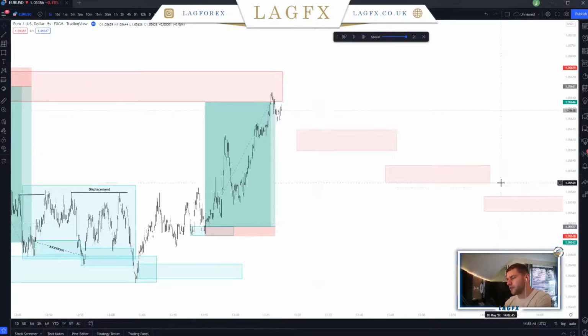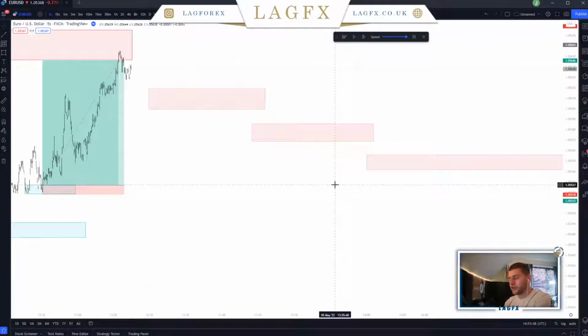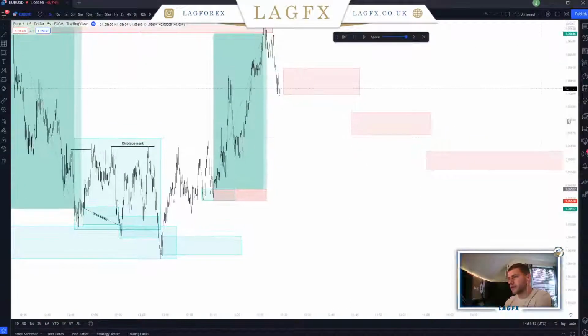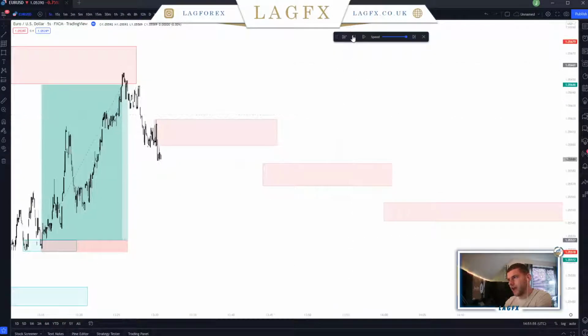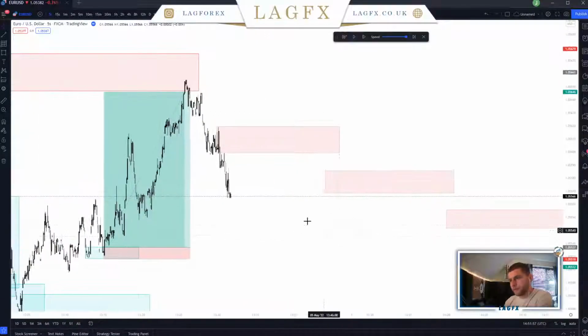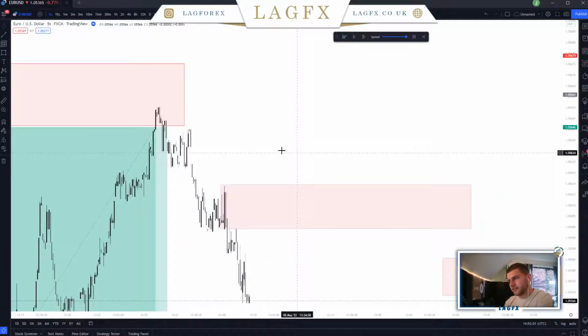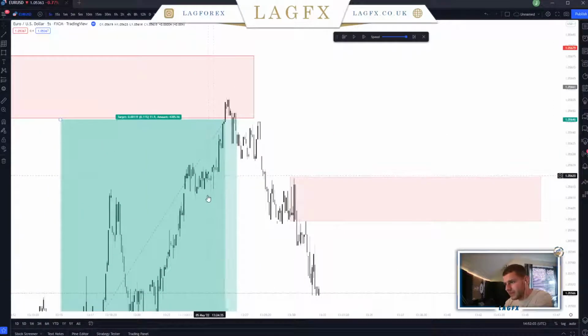Now I already have these zones drawn out, so we already know what happens, but let's just see exactly how it does and I'll explain why I have identified the zones that I have. So after we had the tap in here, we could have looked to be a seller. Arguably what's happened here, we've had low set, we've traded up, we've displaced the low.